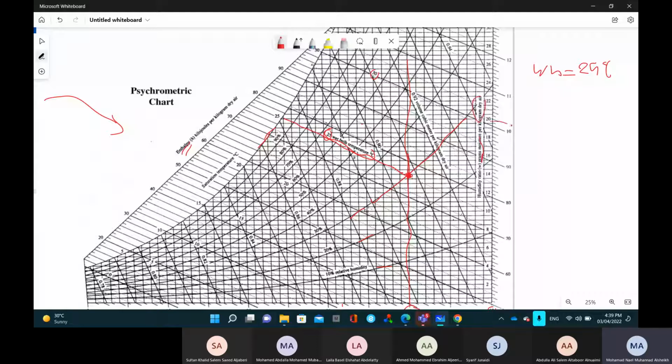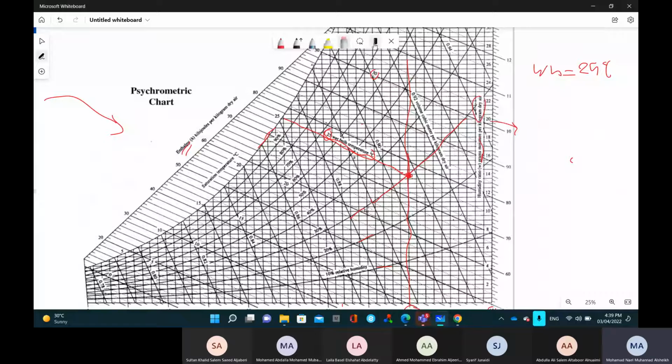So the unit is gram per kilogram. And if we want to convert it to kilogram per kilogram, we just have to divide the result that we got by 1000.